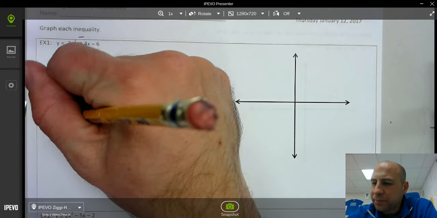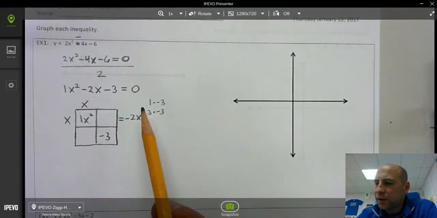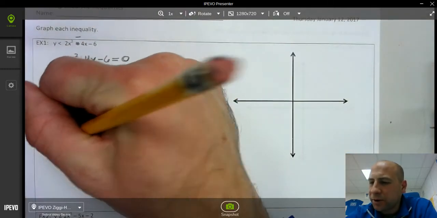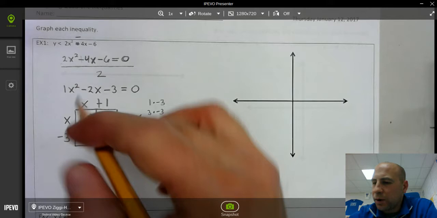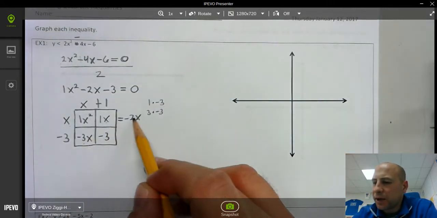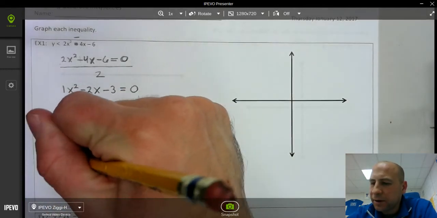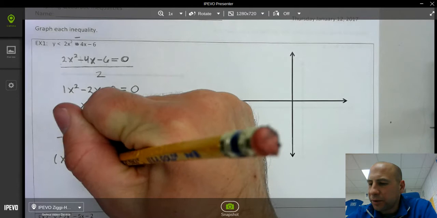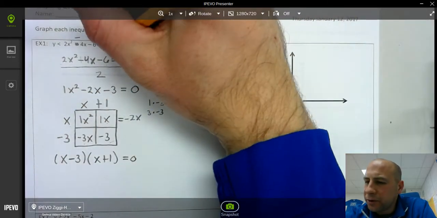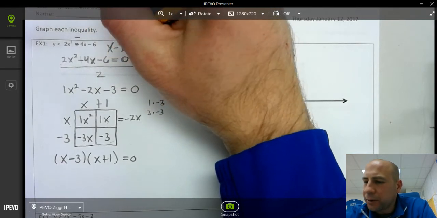We know x and x. So let's see here. Let's try 1 and negative 3. So x plus 1, x minus 3, 1x, negative 3x. They combine to be negative 2x, multiplied by negative 3. So we have our factors x minus 3 and x plus 1. That's equal to 0. And I should have put this here. Let's put this here. So we're looking for the X-intercepts.